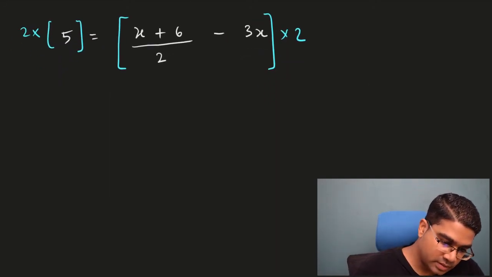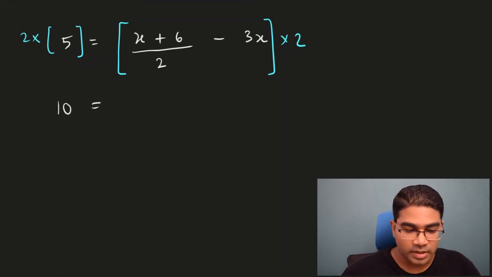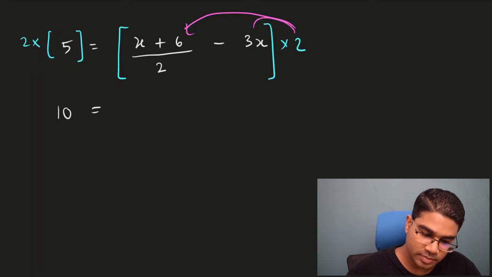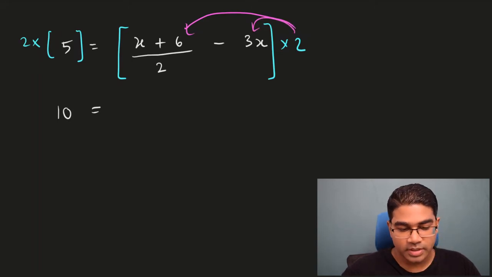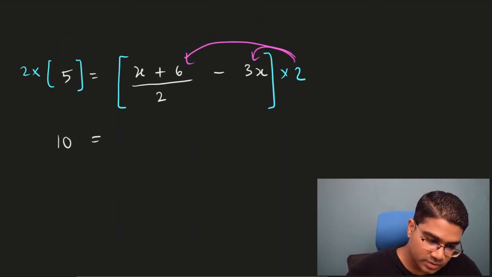So let's go on to the next step. This will give us 10 on the left hand side, and this is equals to, so how do we perform this multiplication? This is when you open the bracket, you must multiply each term inside the bracket. So you have to multiply with this and multiply with this separately. So 2 times x plus 6 over 2. Now the whole reason we did this was to get rid of the denominator. So let me just do this separately to show you.